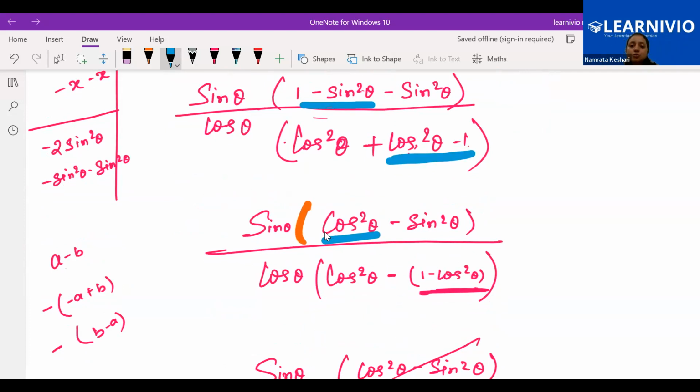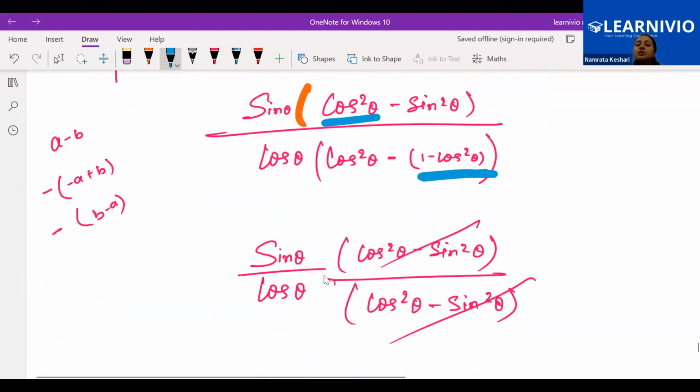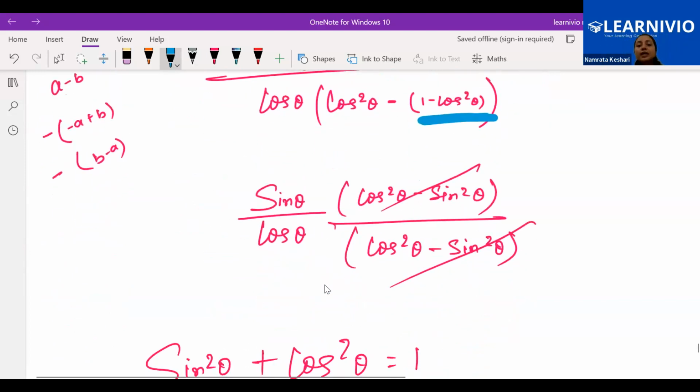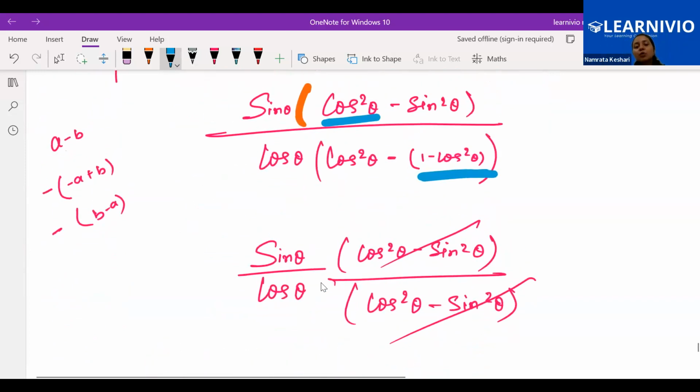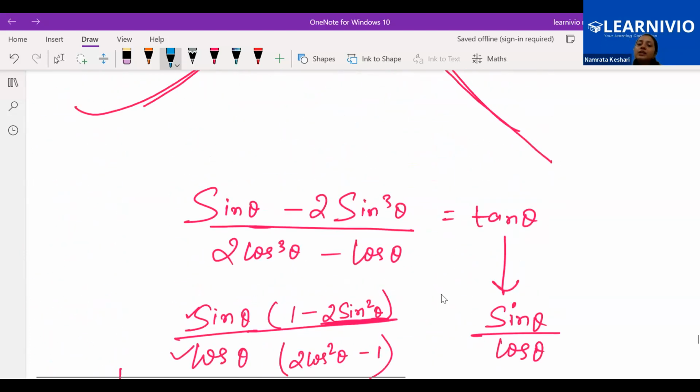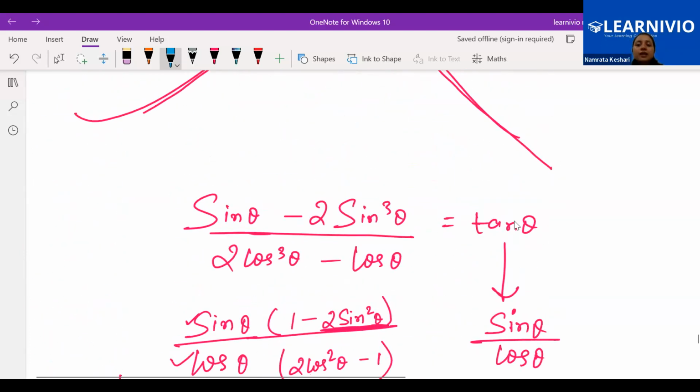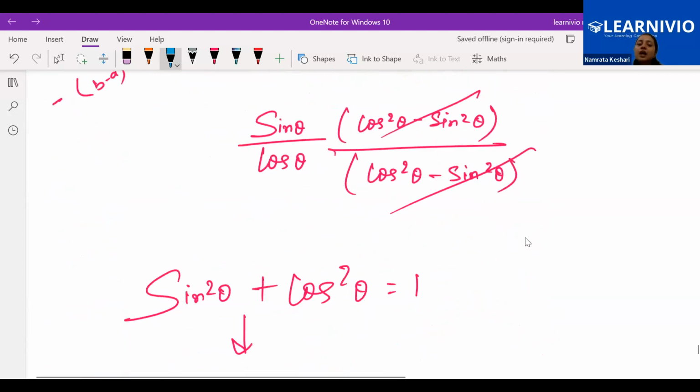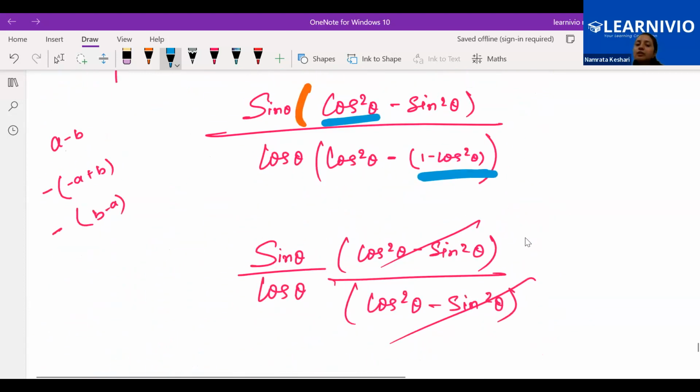We have taken negative common and made this 1 minus cos square theta, and hence we ended up getting the same term in the numerator and denominator, and hence sin theta by cos theta came, which can be written as tan theta. Or if you have already written the other side as sin by cos, then you can say now we are done. Now we got left hand side and right hand side exactly the same. Getting it?